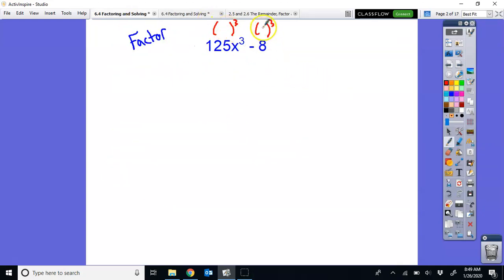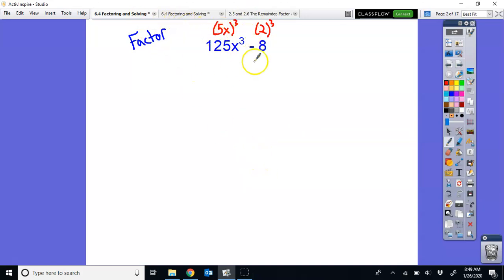So this one is 2 cubed. Remember I told you I have some memorized? You may actually have to go through and use your calculator to find the perfect cubes. 125x cubed is also a perfect cube. It is 5x cubed because 5 cubed is 125 and x cubed is obviously x cubed.